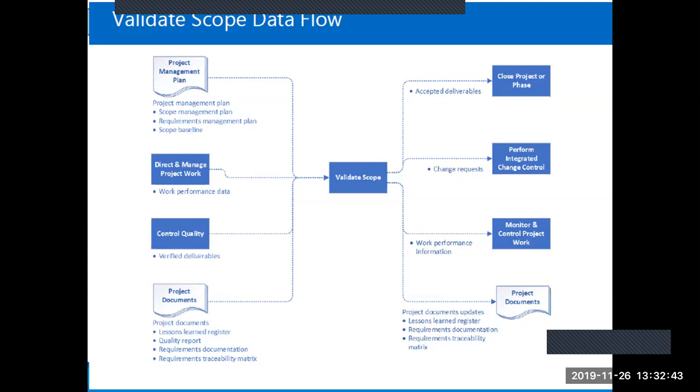Very important. Here you have accepted deliverables at the output, and when the deliverables come out at the output of validate scope, they go straight to close project or phase.